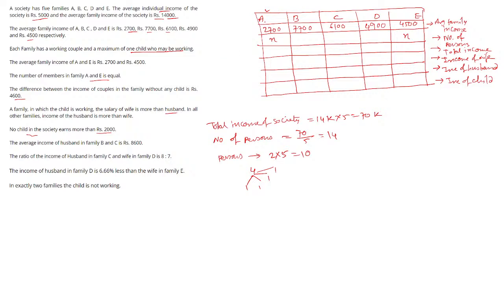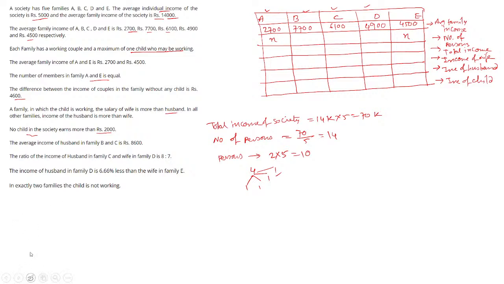Now suppose A and E have the same number of persons. Suppose I take that no child is there, 2 and 2, since a couple means a minimum of 2. Now how do we place these 4 children? Only 1 child would go in each of B, C and D, and 1 remains. So there is no other possibility except taking the number of persons in A and E as 1 more, that is 3 and 3.